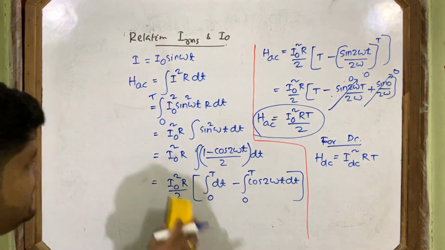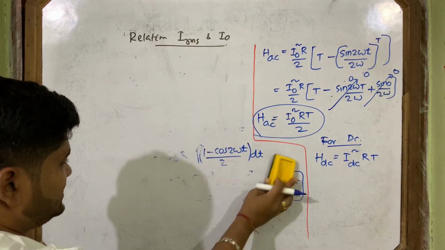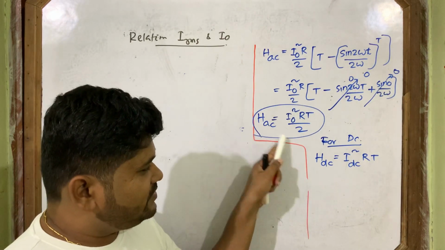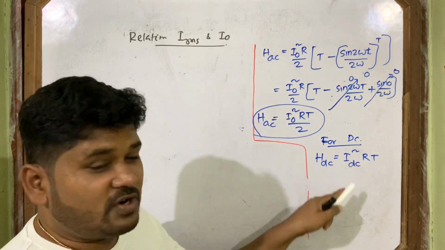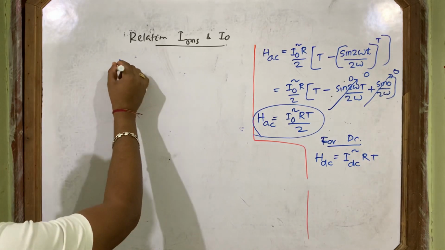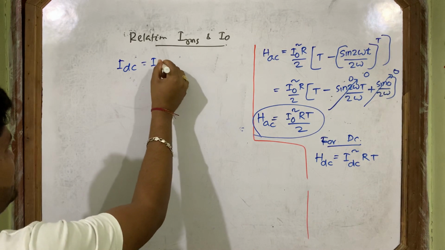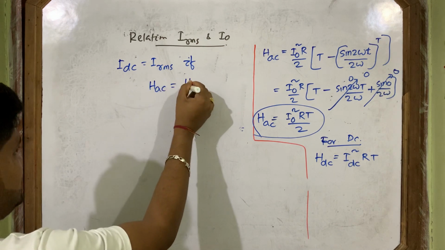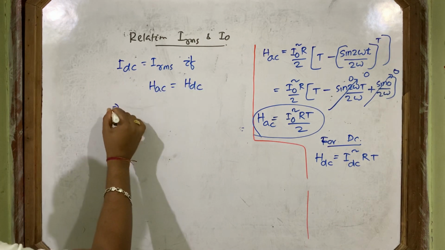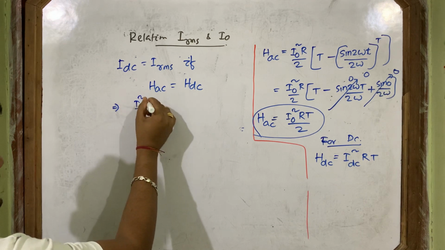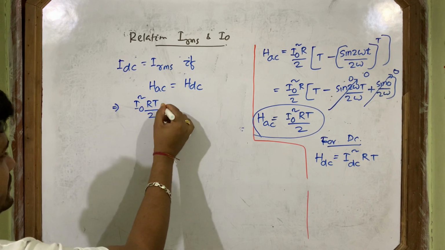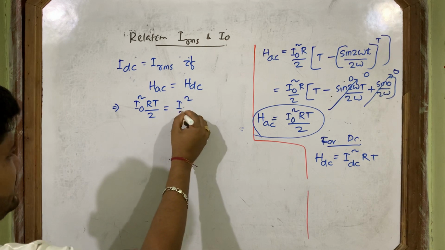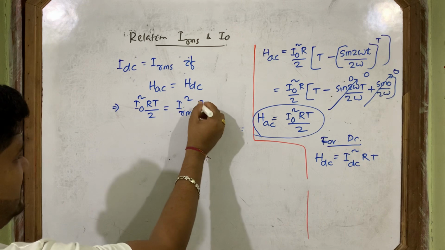Now our condition is, if HSC and HDC are equal, then this IDC is called IRMS. So IDC is equal to IRMS if HSC is equal to HDC. But what is HSC? I naught square RT by 2. This is IDC square, we'll write here IRMS square RT.